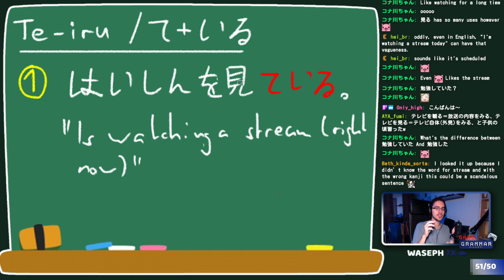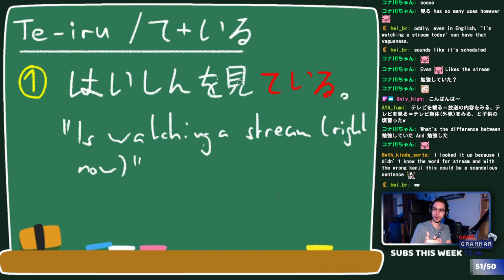Compare that to 勉強していた. Well, we have 勉強している, but we also have it in a past tense. So what does that mean? Well, 勉強している means it's an ongoing thing, either habitual or ongoing. So there must have been some longer period where you studied, or it's ongoing right now, depending on that.